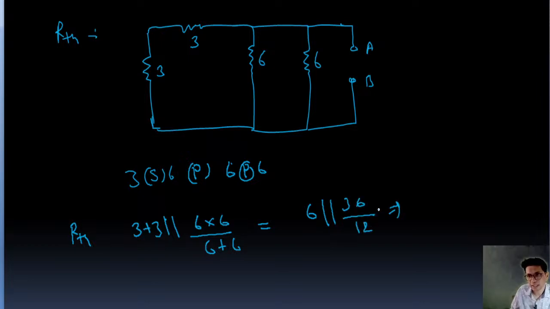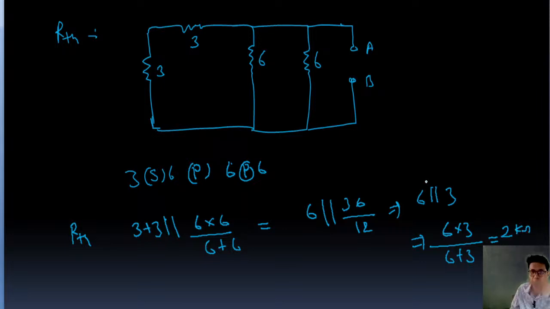So this implies 6 parallel with 3, right? And this implies 6 into 3 upon 6 plus 3, that is 18 by 9, that is 2 kilo ohm. Okay, so R Thevenin is 2 kilo ohm.